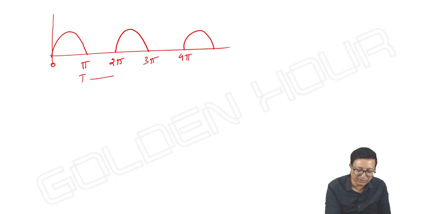So what is its time period? T is equal to 2 pi. x of t has a peak amplitude of Vm.